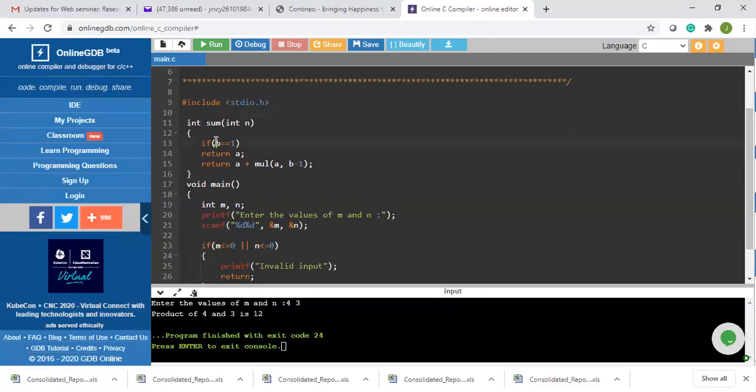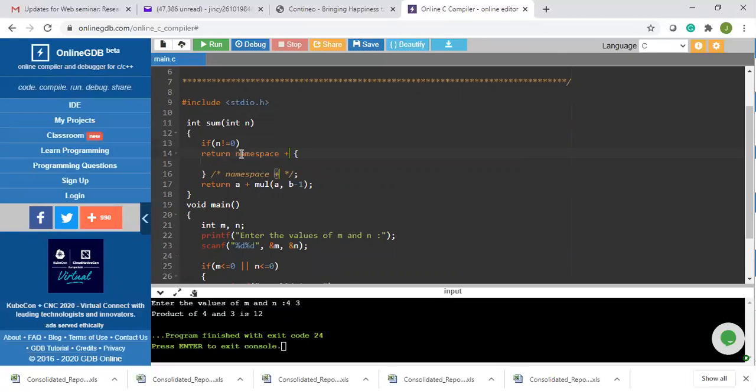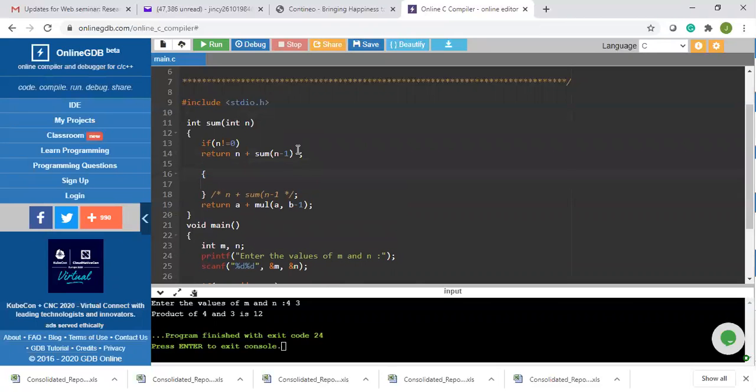So if n is not equal to 0, what we have to do is return n plus sum n minus 1, or we have to return 0.